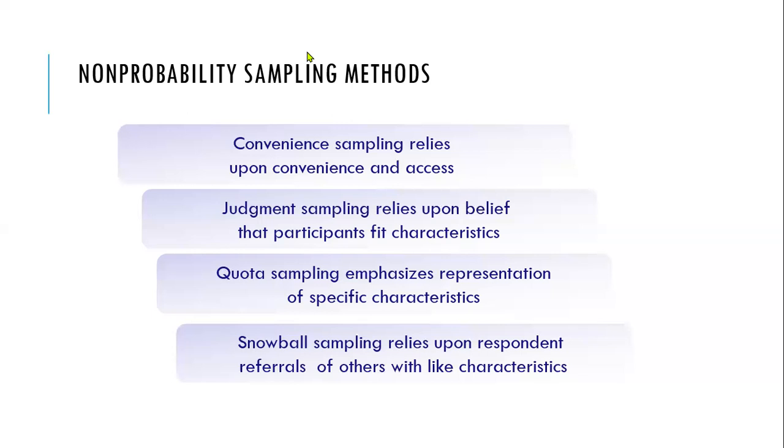But once you meet the first individual, that person will connect you to the next person, and the next person will connect you to the next, till you get to your full sample size. So in this case too, the sampling frame is not available. For all non-probability sampling techniques, your sampling frame is not available.